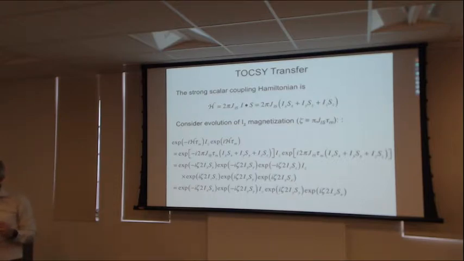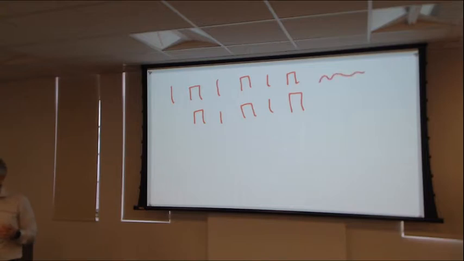So with the rules that we have now, we in principle can analyze all sorts of pulse sequences. So for example, you probably recognize this sequence as being an HSQC sequence if I put in delays.